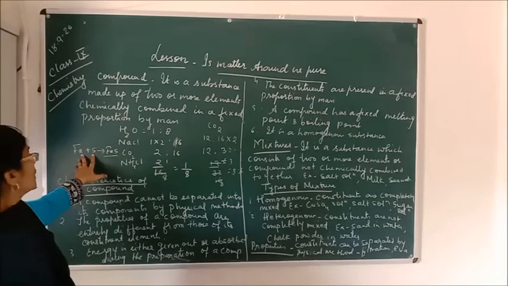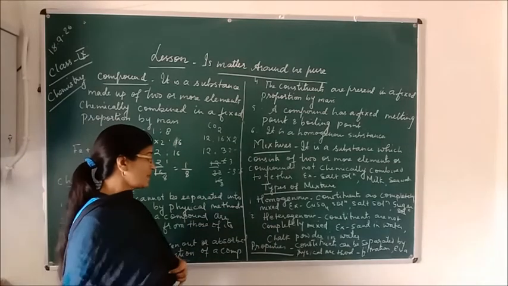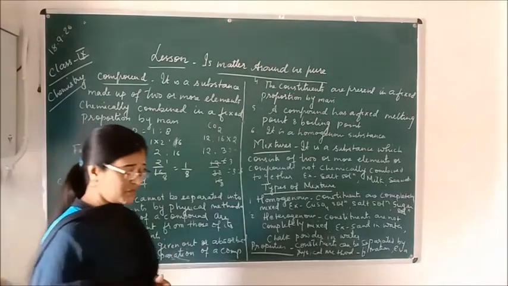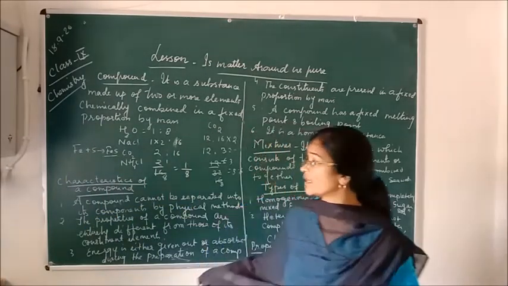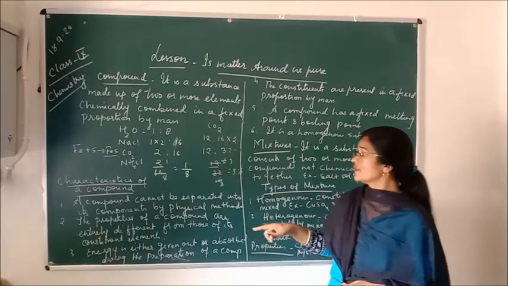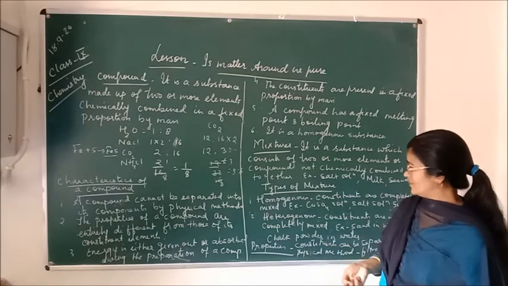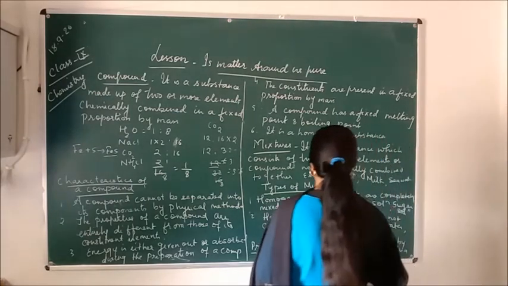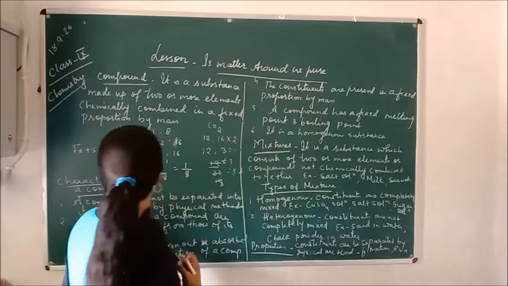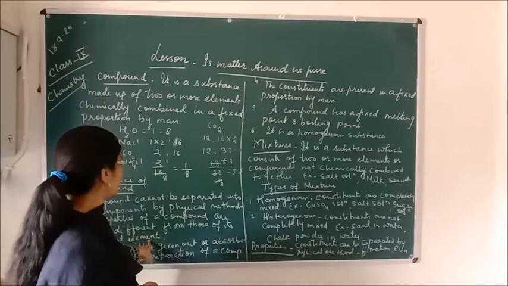Like the mixture of iron and sulfur, if we simply bring a magnet near the mixture, what happens? The iron gets attracted by the magnet. So the constituent elements are separated and sulfur is left. Another property: the properties of a compound are entirely different from those of its constituent elements.